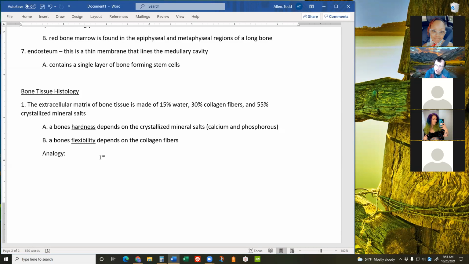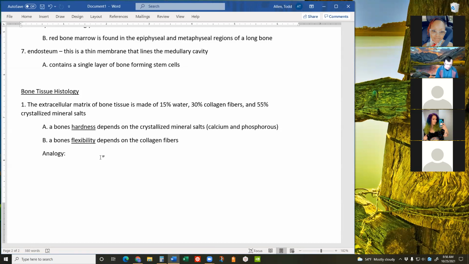But at the same time, when cars are going over a bridge, we don't want the bridge to be overly brittle. We want it to be able to bend and flex just a little bit, right? And so that's why steel rebar is stuck through there. So the combination of cement and steel provides the perfect kind of material to build bridges, highways, and things such as this. And it's the same thing with our bones.